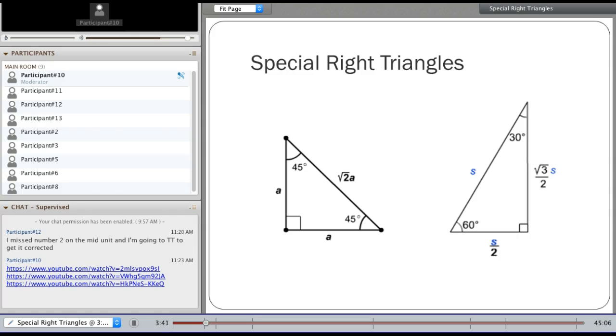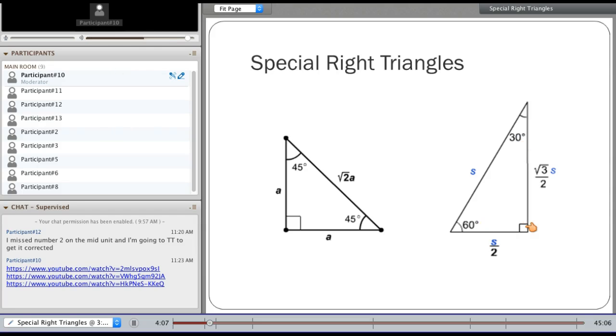Okay, so now this is what he was referring to. So you saw that on the video, a little preview of this. These are called special right triangles. So 5.05, 5.06 are going to be all about these two triangles here. And what makes them special are the angles inside. Like Mr. Dowse was talking about on that video, he was just talking about a 30, 60, 90 triangle.